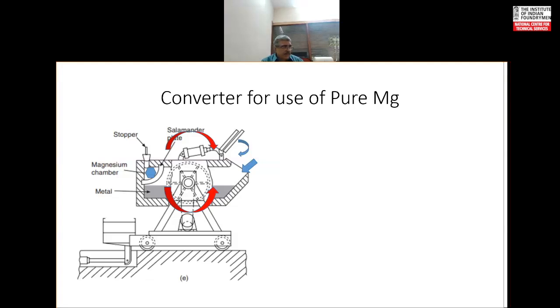The treatment takes place in maybe 60 to 90 seconds. And then open the lid, rotate the converter back and take it into the pouring ladle.